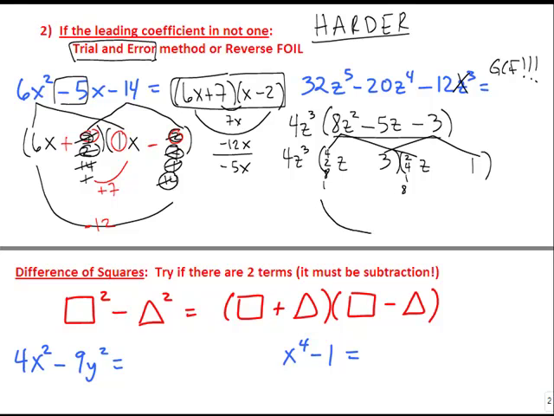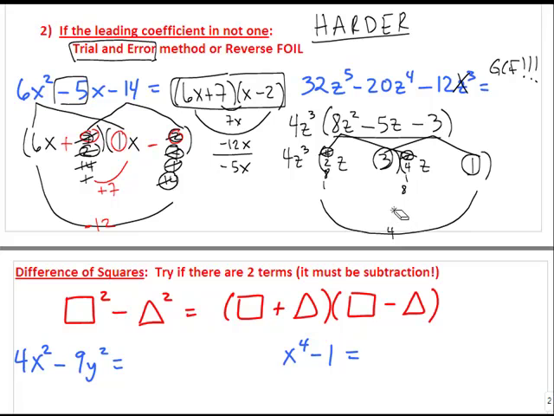So we're checking our outers and our inners. So we're going to take this 4 times 1, which is 4, and 3 times 2, which is 6. Can I get 5, negative 5, out of 6 and 4? No. So that means this choice doesn't work.